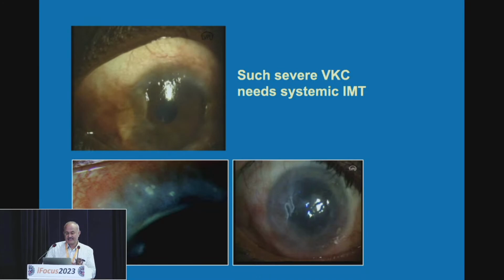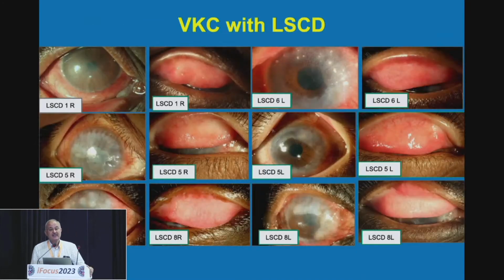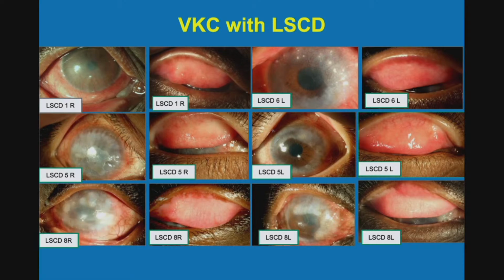See, if you have a severe condition like what you are seeing here, I'll show you some more pictures. If you have pictures like this, in these patients topical steroids or topical treatment, mast cell stabilizers won't do anything. Agreed or not? What is the problem? Here you are seeing a very severe limbal VKC. What will it cause if there is persistent inflammation?